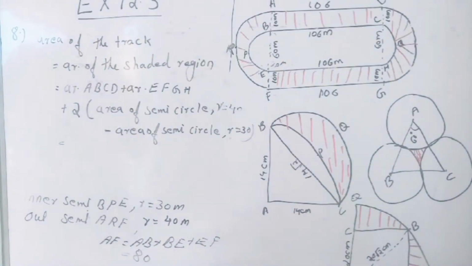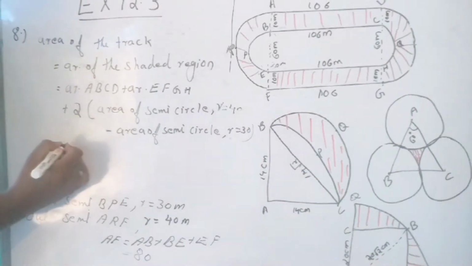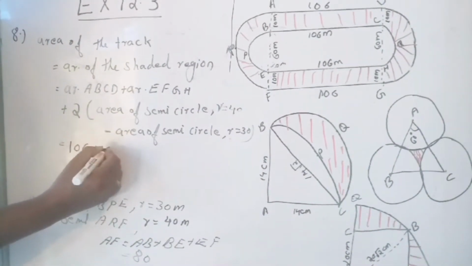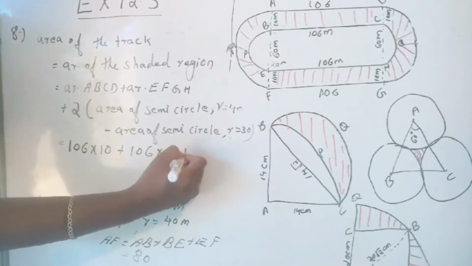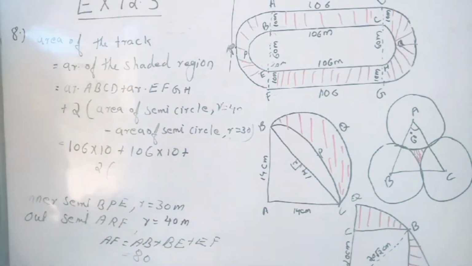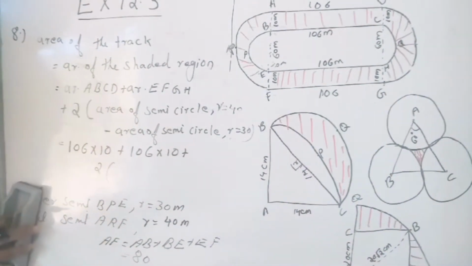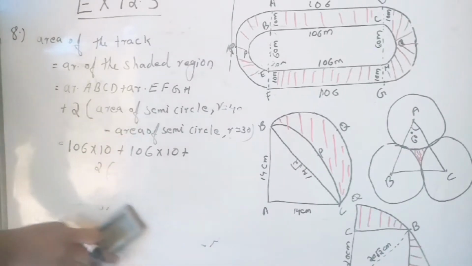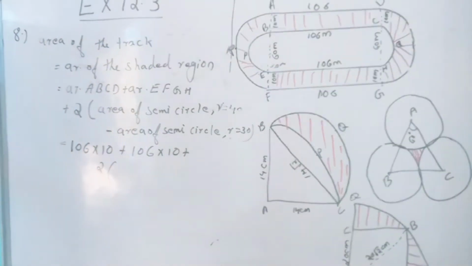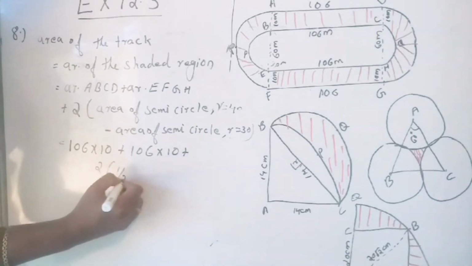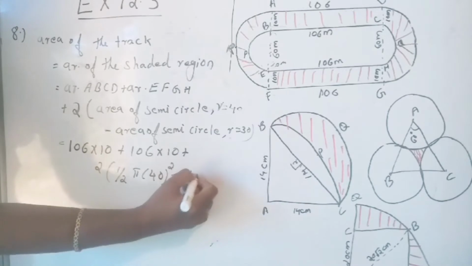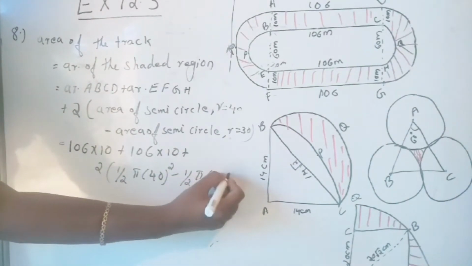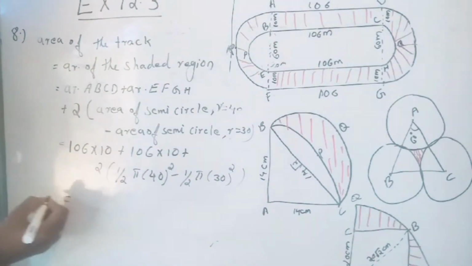That is a rectangle, so we will have length into breadth, right? That is 106 into 10 plus, again here we have 106 into 10 plus 2 into area of outer semicircle. Since it is a semicircle, we will have 1 by 2 pi r square, 40 square minus 1 by 2 pi into 30 square.